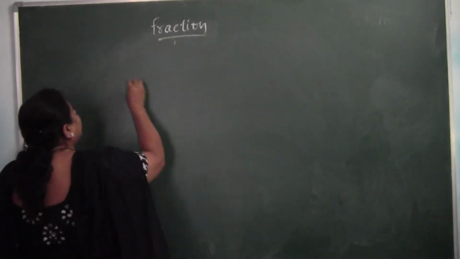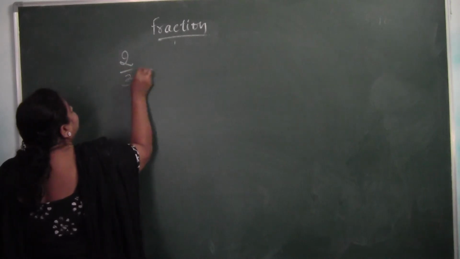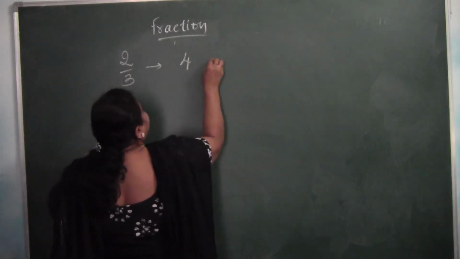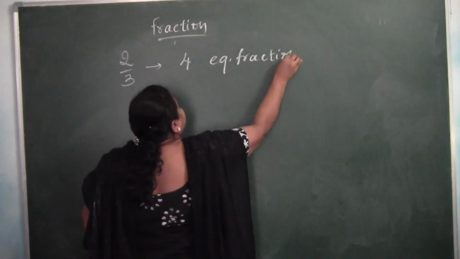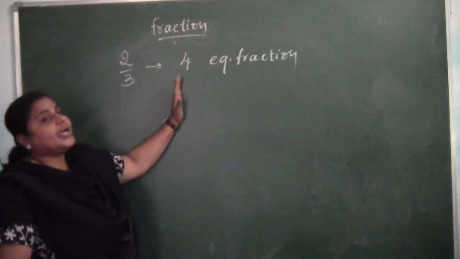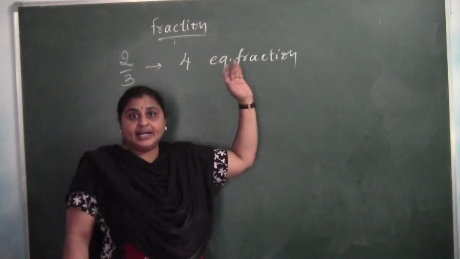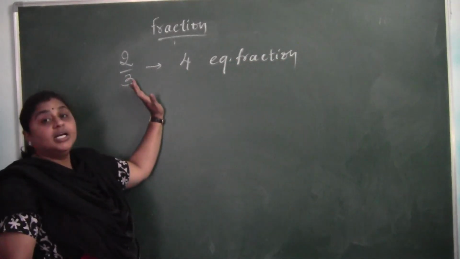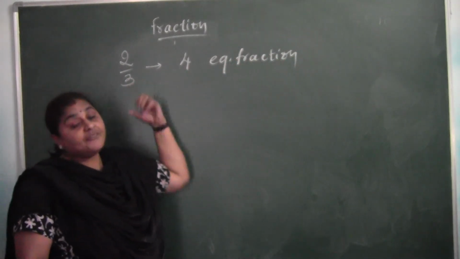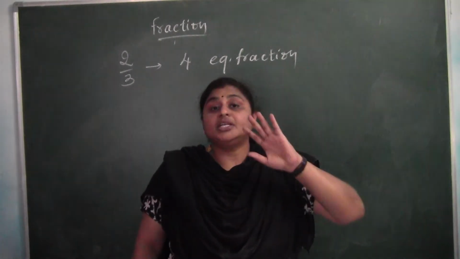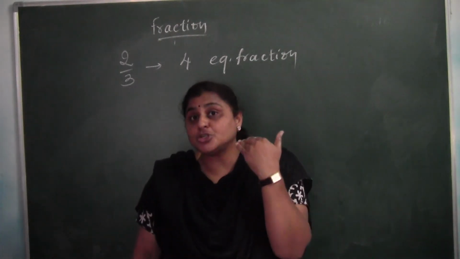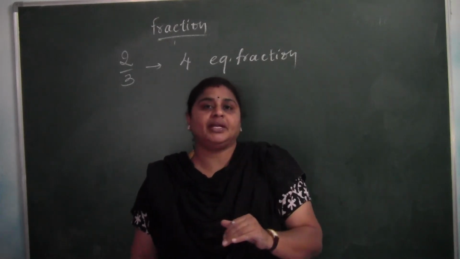Now first I have 2 by 3. So I have to write 4 equivalent fractions for this. Okay. So there is a question: write 4 equivalent fractions for 2 by 3. I have told you, whatever the number you are multiplying with the numerator, the same has to be multiplied with the denominator.